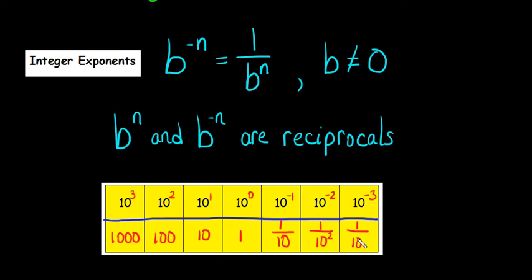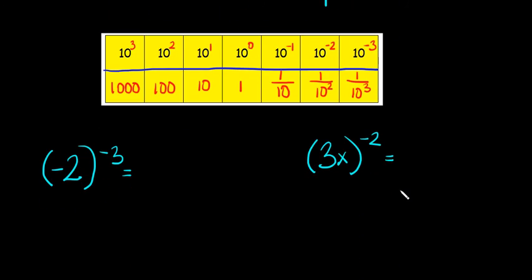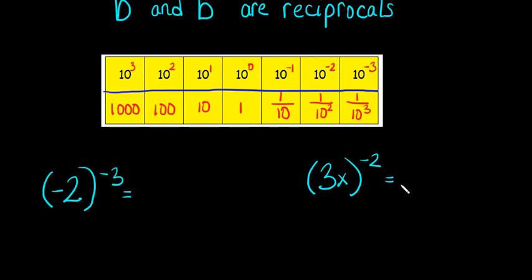So if you look at it this way, you're just putting it in the denominator and making the power positive instead of negative. But that's why it works out like that when you have exponents that are negative. So if we go down here and work out a couple examples, and then we'll do some practice tomorrow in class.